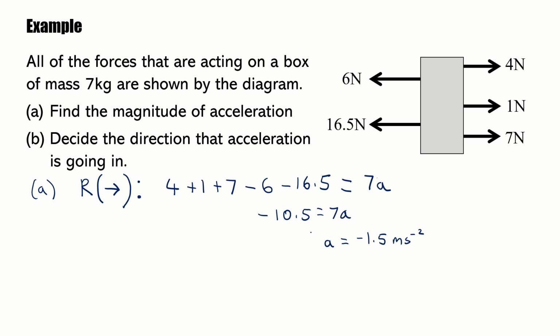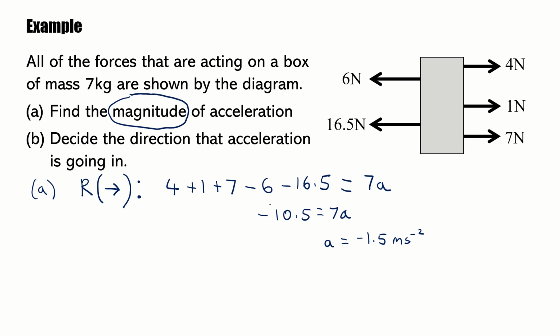But now we've got one more thing to do. As I said, the positive direction doesn't really affect the final answer, but it does affect how you interpret your working to reach that final answer. So, as we can see, we've got a minus sign in our answer. However, the question is just asking for the magnitude of the acceleration.